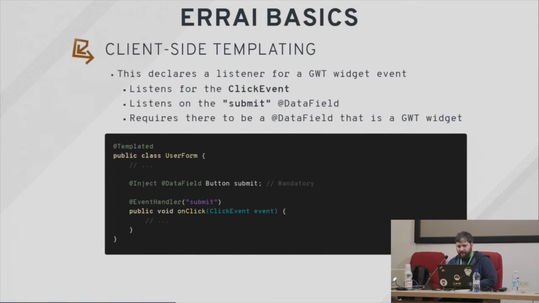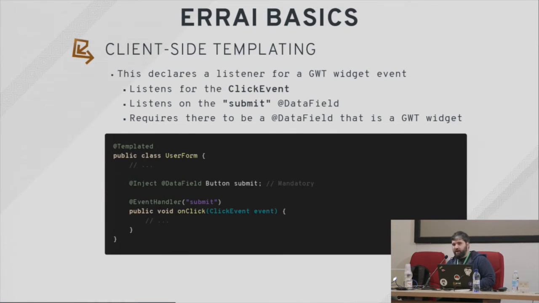So declaring an event handler for a GWT widget is very similar. You still use the event handler annotation, and the main difference is the argument type in this case is a GWT widget event.